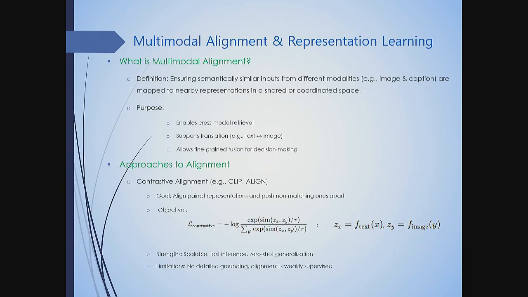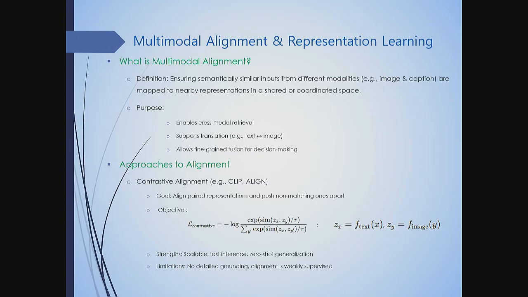Think about ChatGPT. If you have GPT-4o, which has DALL-E inside as an image model, you send some Korean image and you ask an English question, and it answers, because it supports this kind of alignment.